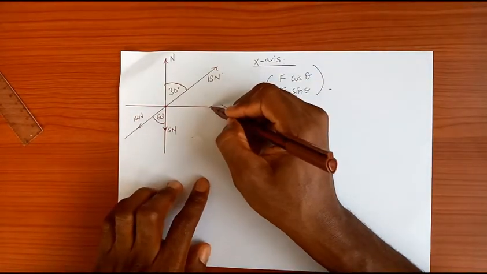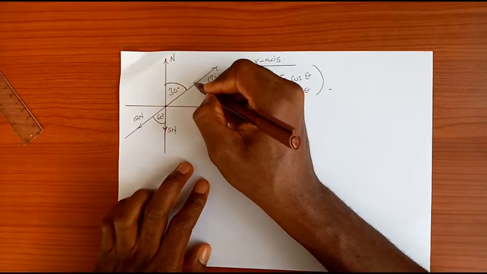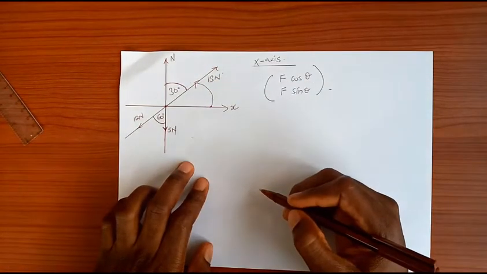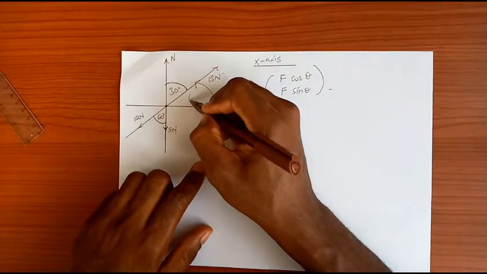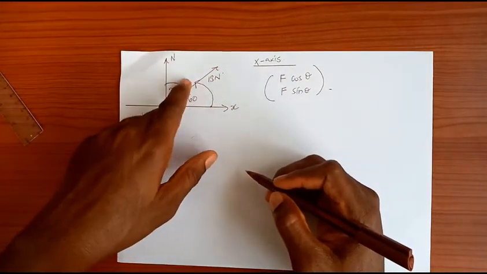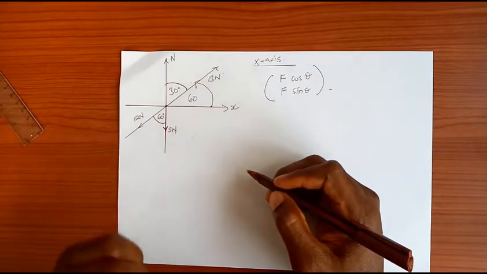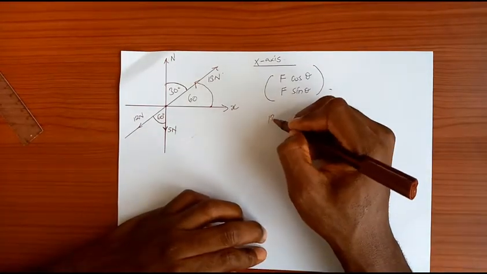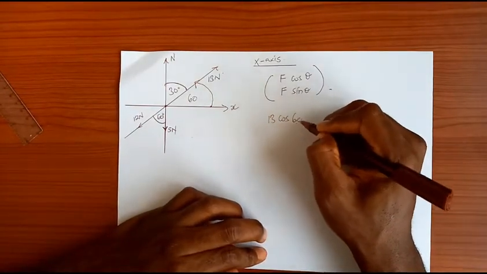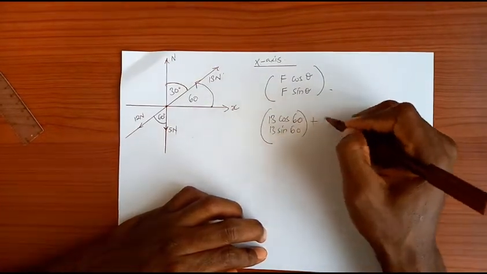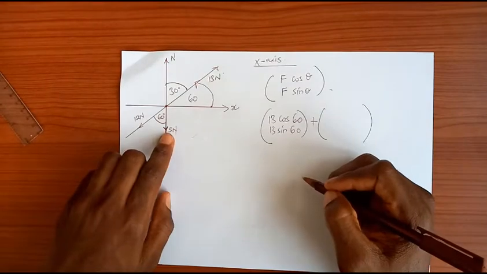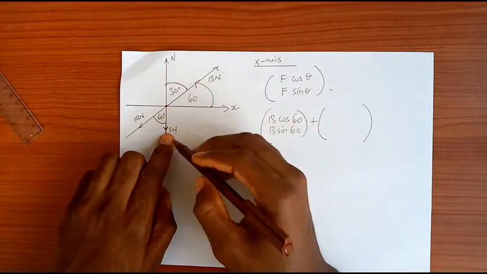Remember, we are moving from this x in an anti-clockwise manner to the force. So because we are moving this way, the angle here is 60, and our angle is going to be positive. So I'm going to have 13 cos 60, 13 sine 60, plus, let's go to my 5.